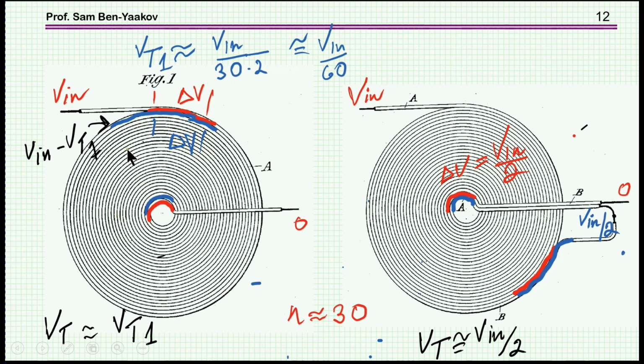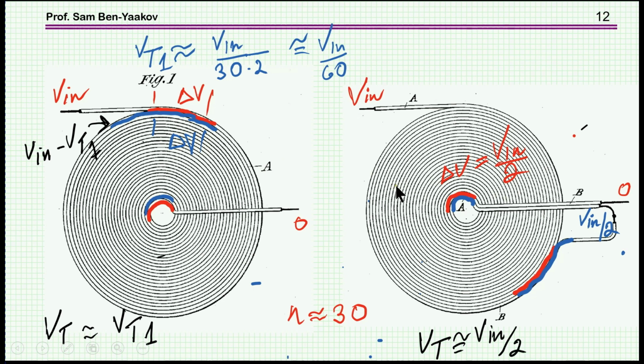But they are not. As you go down, the distance here is much, much shorter, and therefore the voltage difference between two adjacent turns is much smaller. So I have approximated by saying that the average voltage between turns is approximately V in over 30, the number of turns, and then I divided it by 2. So it's V in over 60. This would be the average voltage between turns.